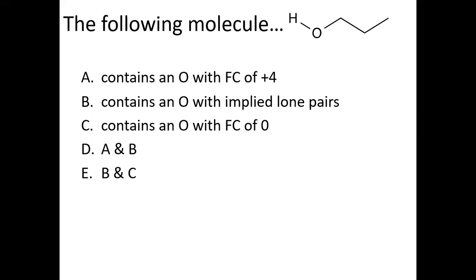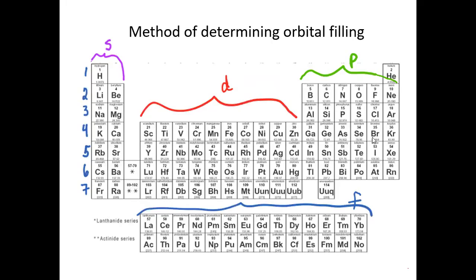All right, so remember, if an atom or molecule has a formal charge, it has to be drawn into the problem. So since there is no formal charge here, that means that there are no formal charges. So C is going to be correct. We're going to say that that's an answer so far that we need.